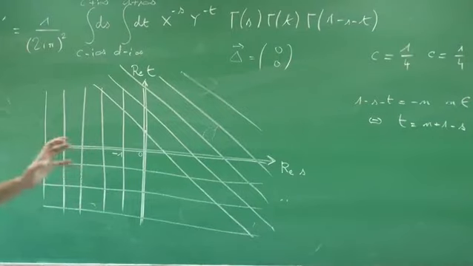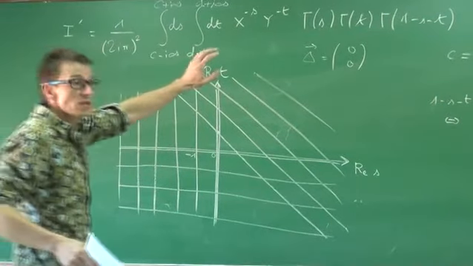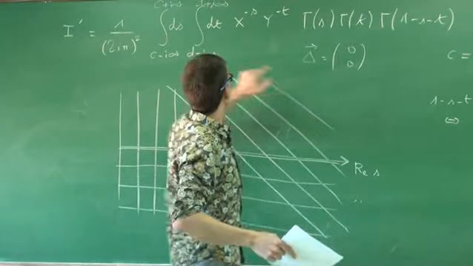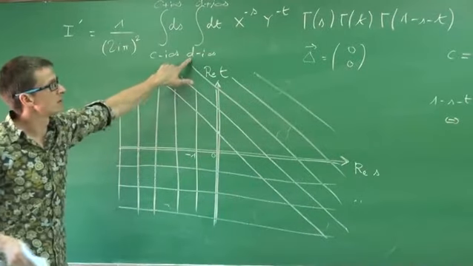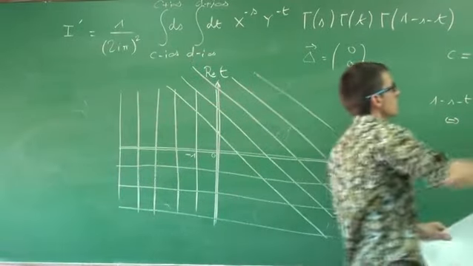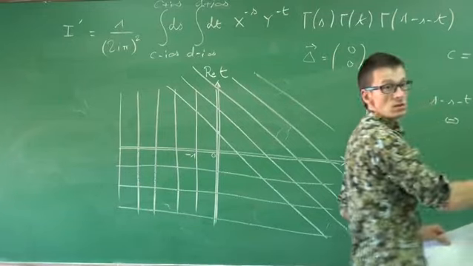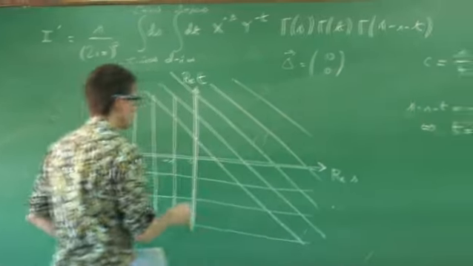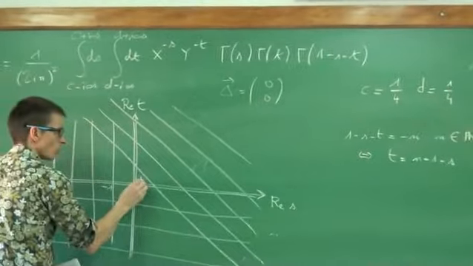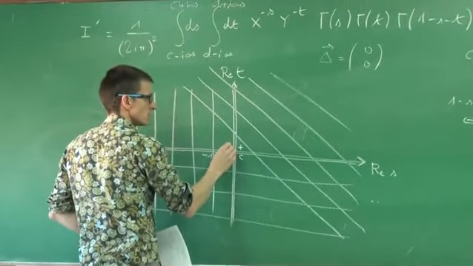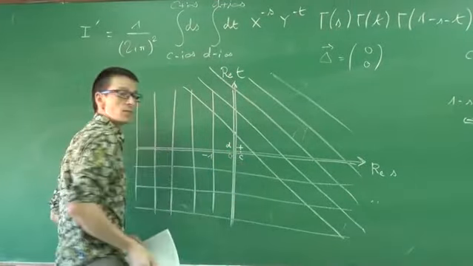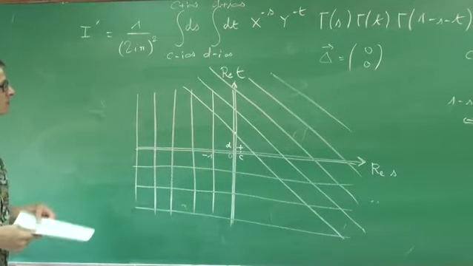This is the singular structure of our integral. And I said that C and D are at this value. Okay, so they are here. In fact, the point is here. There is C, D. Okay.